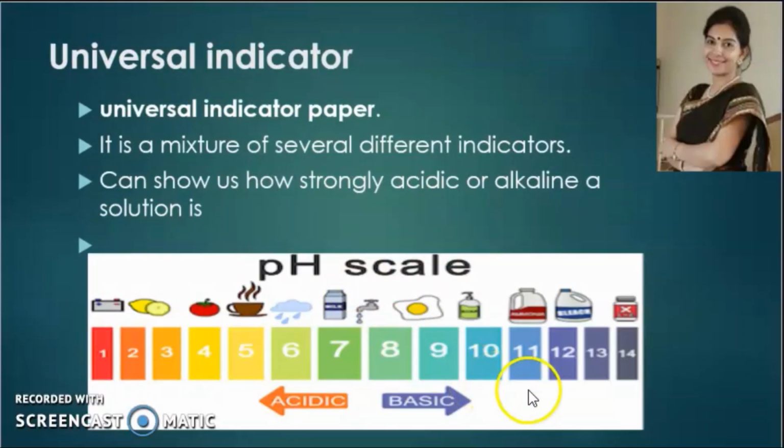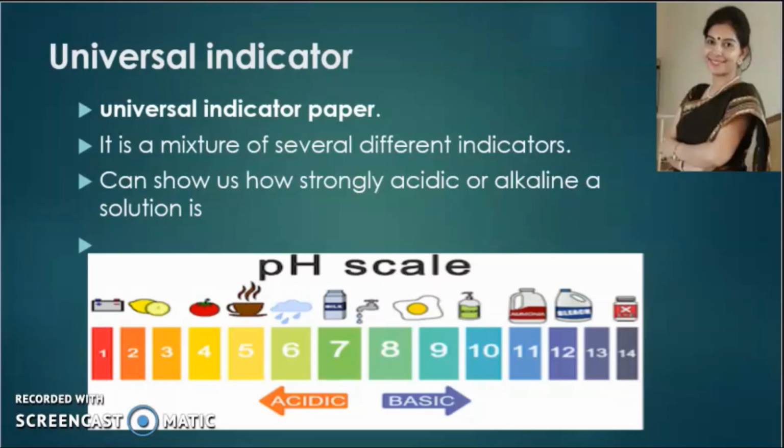Now universal indicator. So what is universal indicator? Universal indicator is supplied as a solution or as universal indicator paper, and it is a mixture of several different indicators. Unlike litmus, universal indicator can show us how strong an acid is or how strong a base is, not just that the solution is acidic or alkaline.